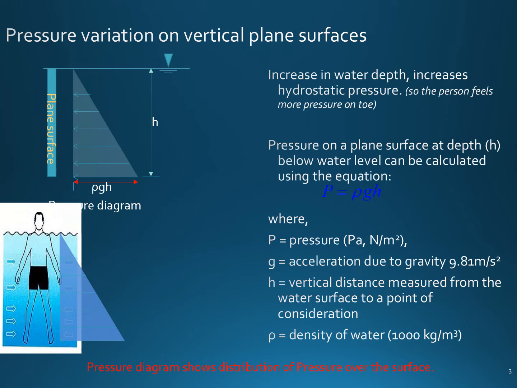If we measure the pressure at this location, then the height would be only up to that point. But if you measure the pressure at the bottom, the height is all the way to that point. So that's why the pressure diagram looks triangular, and it shows the distribution of pressure over the immersed surface.